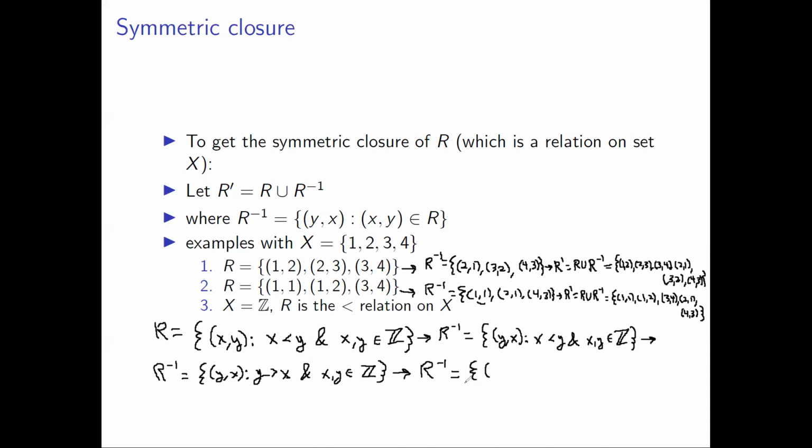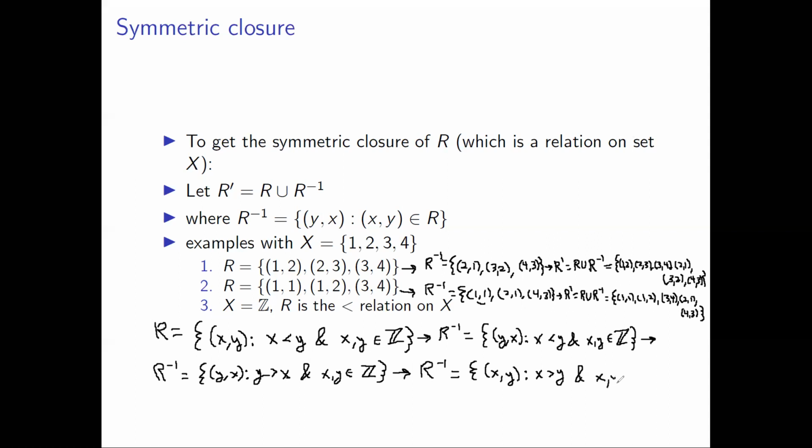So my ordered pairs, instead of being Y, X, are going to be X followed by Y. And instead of Y greater than X, I have here X greater than Y. And X and Y integers, this part doesn't change.